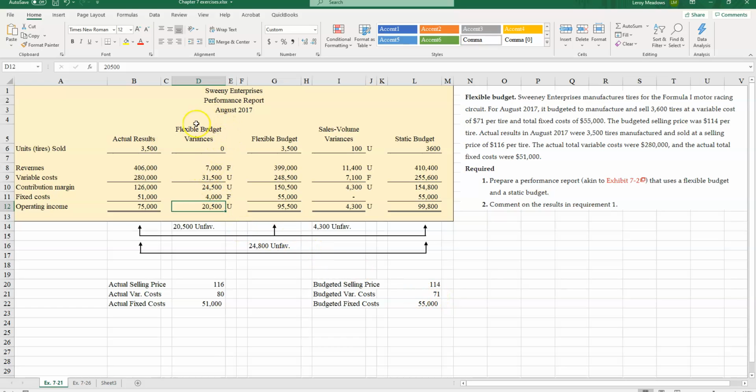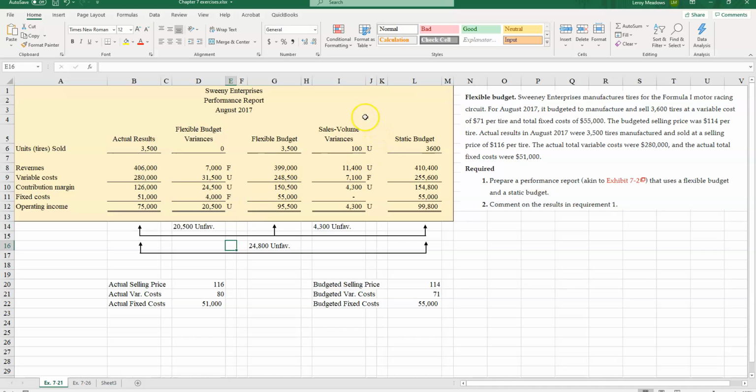So my flexible budget variance is primarily due to the change in the actual sales price and the actual change in the variable cost per unit, and then to some degree our total fixed costs that we incurred.